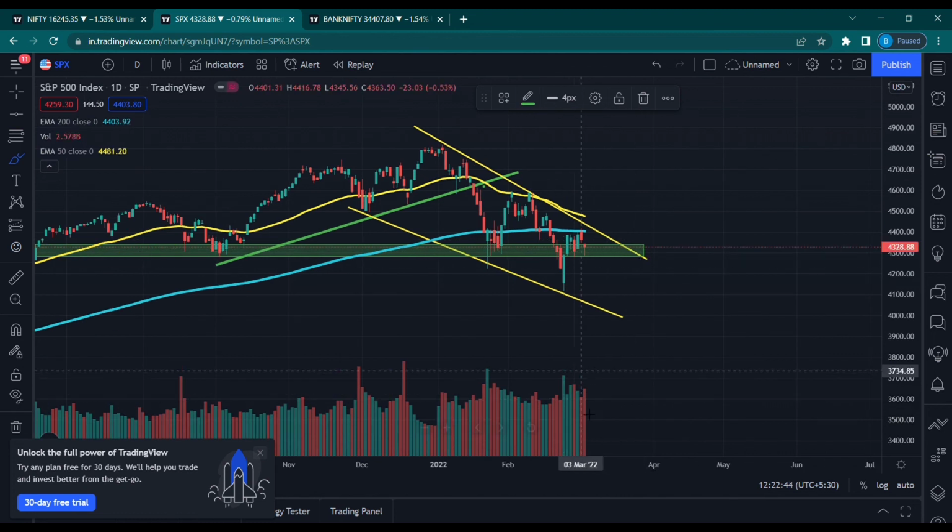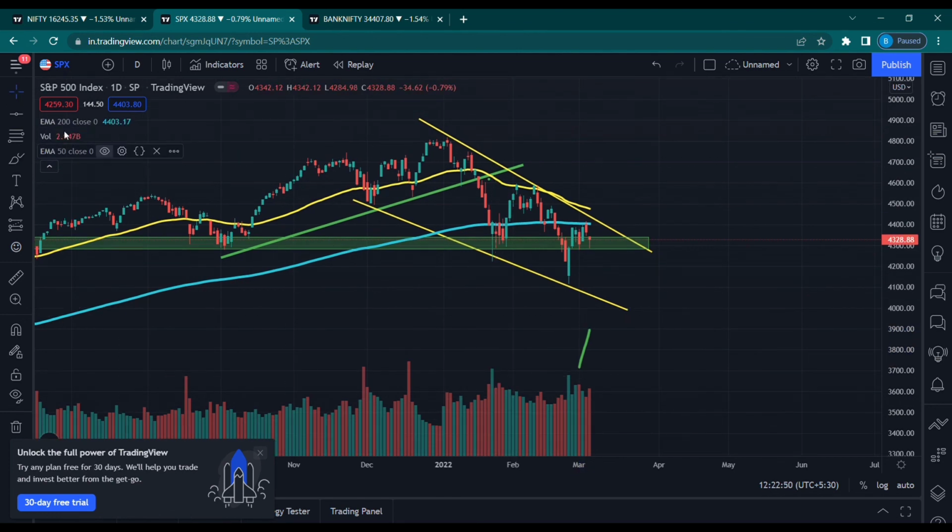The selling volumes on the downside are also pretty high. So there is very little chance of things getting bullish in the short term, until and unless some news factor comes in regarding the geopolitical issues currently going on across the world.